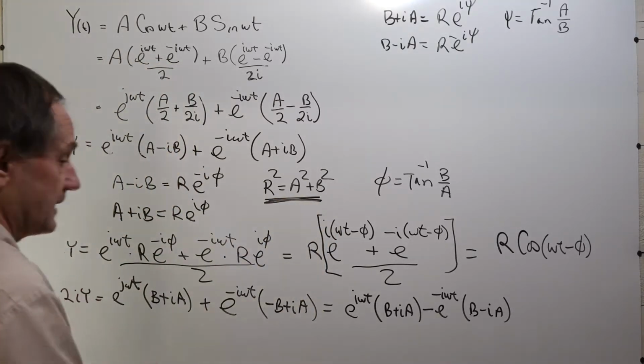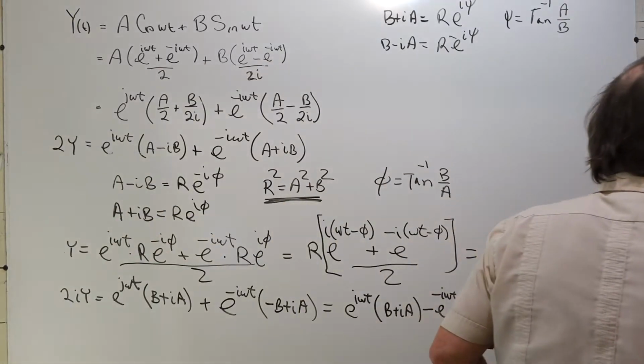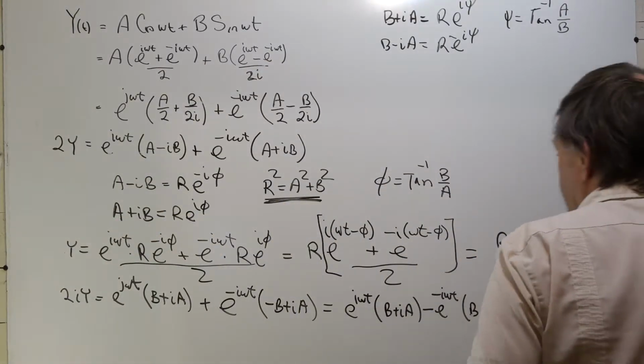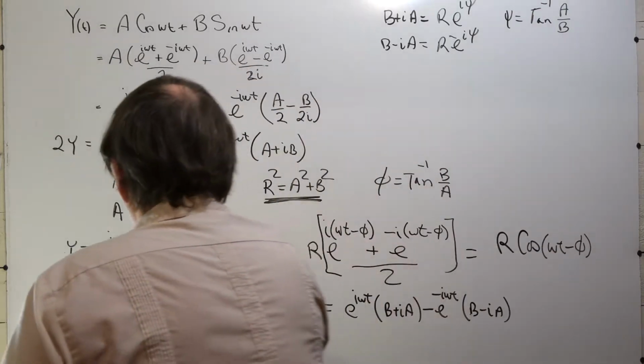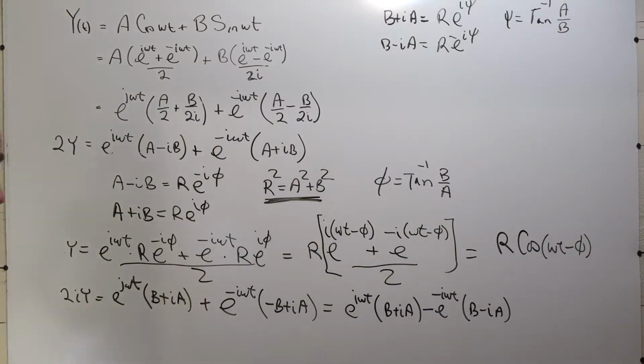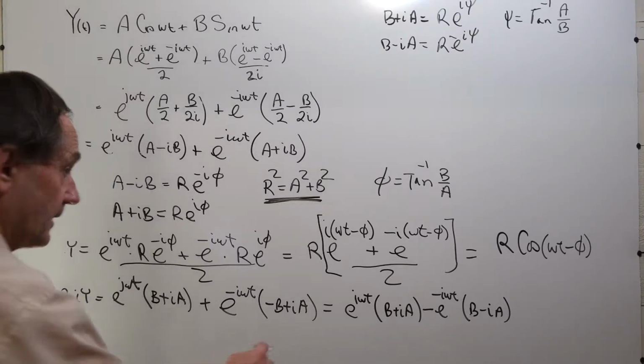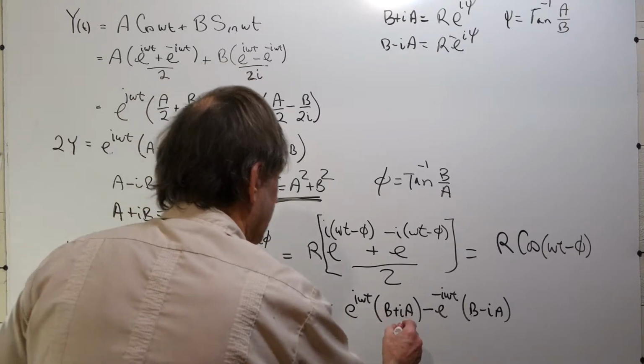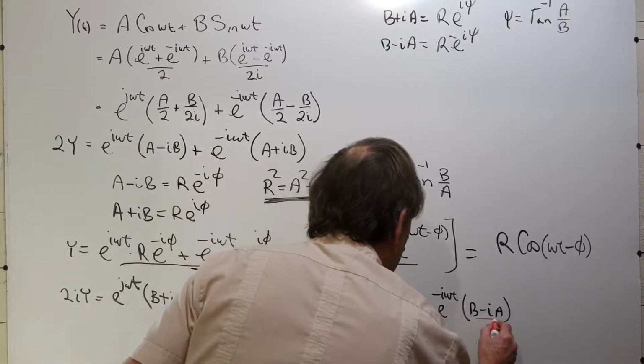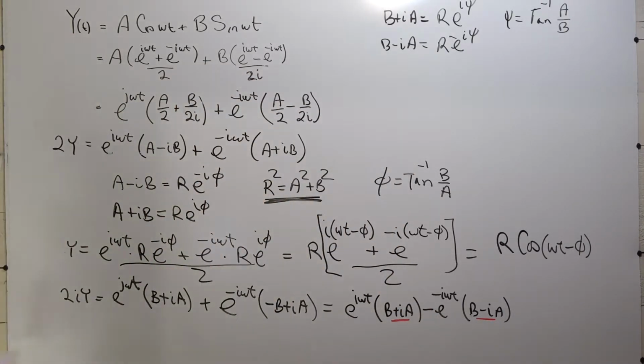So now I can rewrite this equation. I'm going to go ahead and group, rewrite, put these two in polar form.